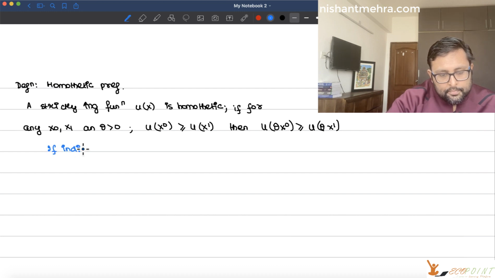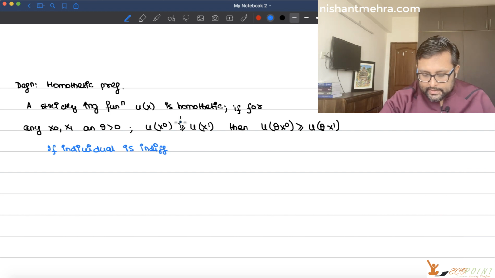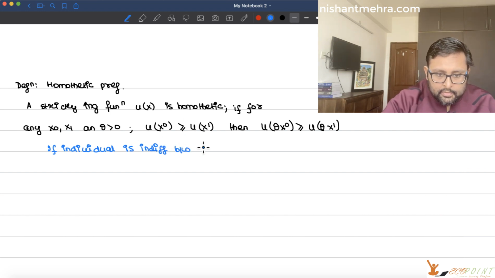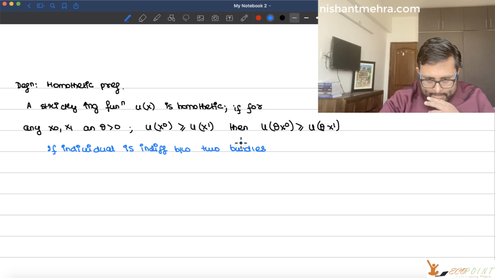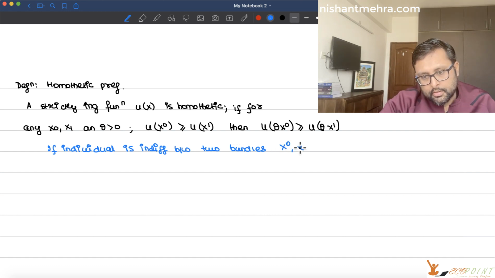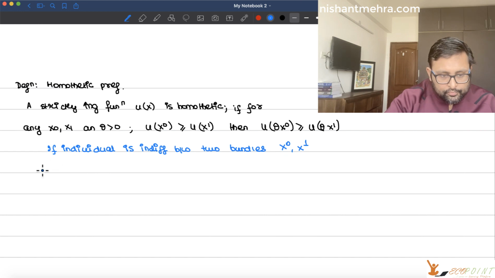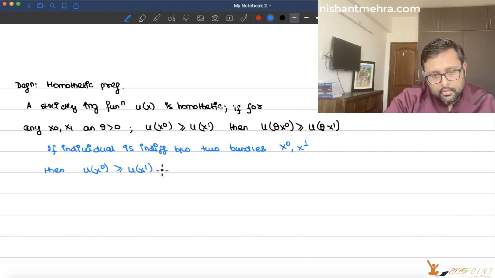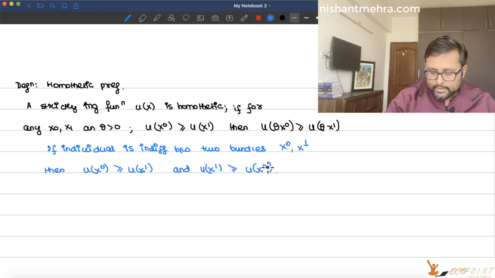So how do you say, if an individual is indifferent between two bundles, let's say x0, x1, then u(x0) is greater than or equal to u(x1), and at the same time u(x1) is greater than or equal to u(x0).